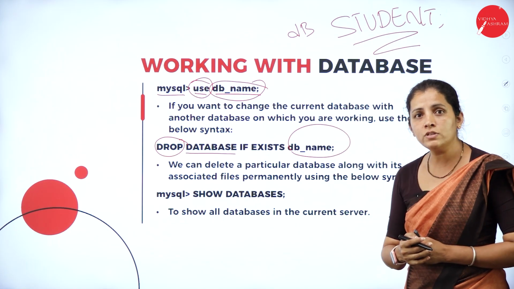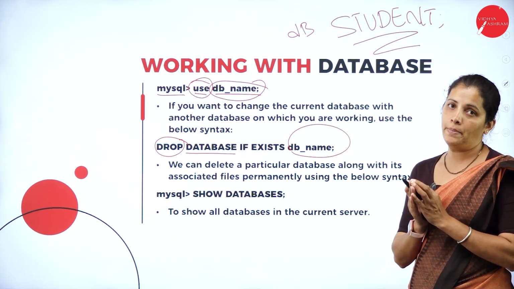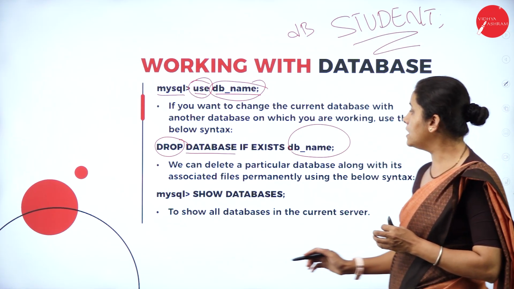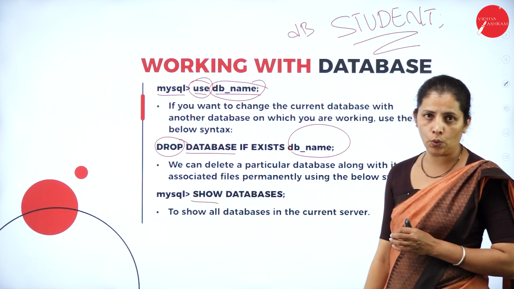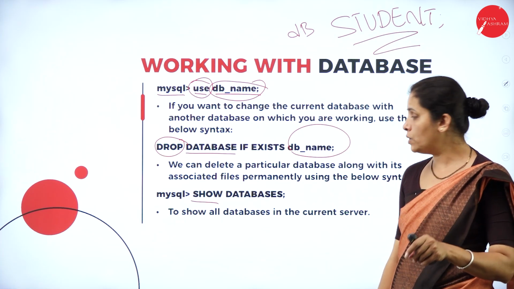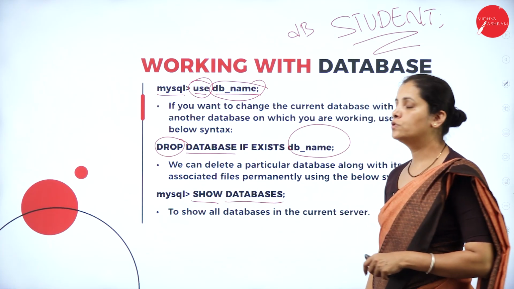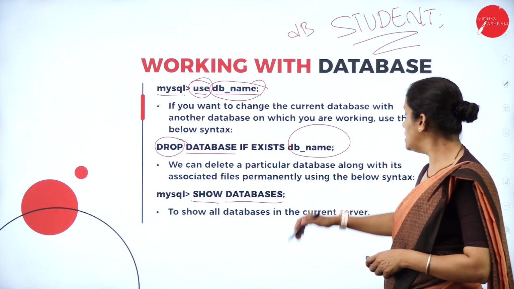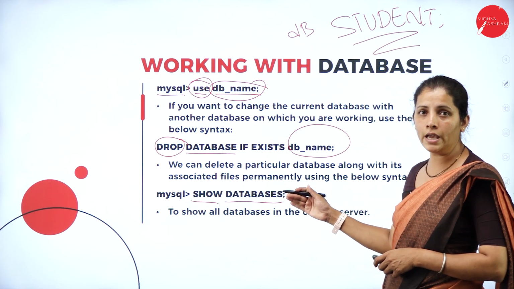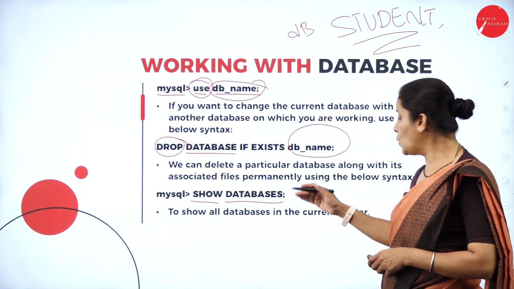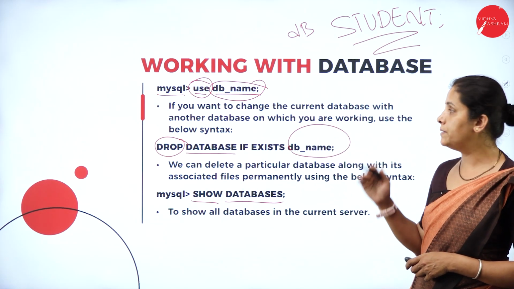Next, suppose I want to display the databases, then I have the command show. What's the command name? Show databases. It's going to display the list of databases stored in the current server.